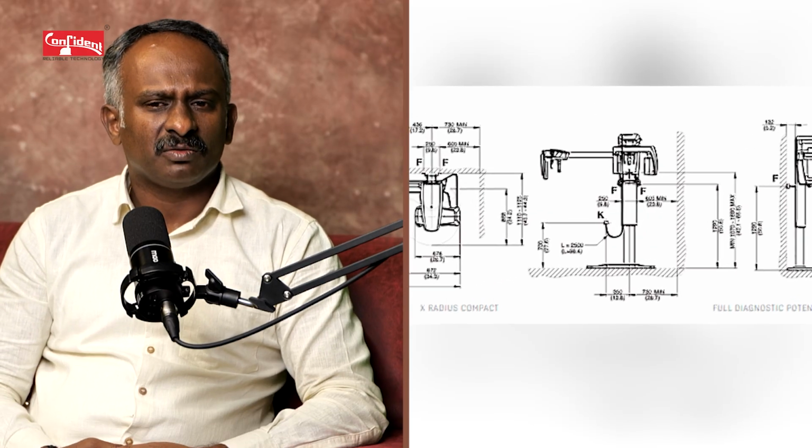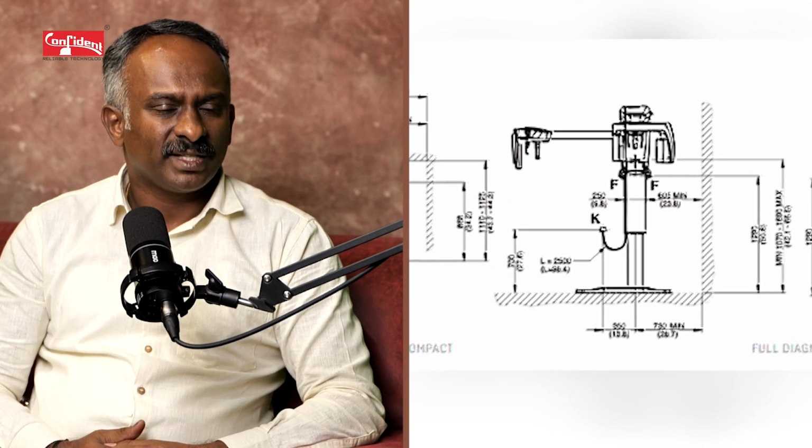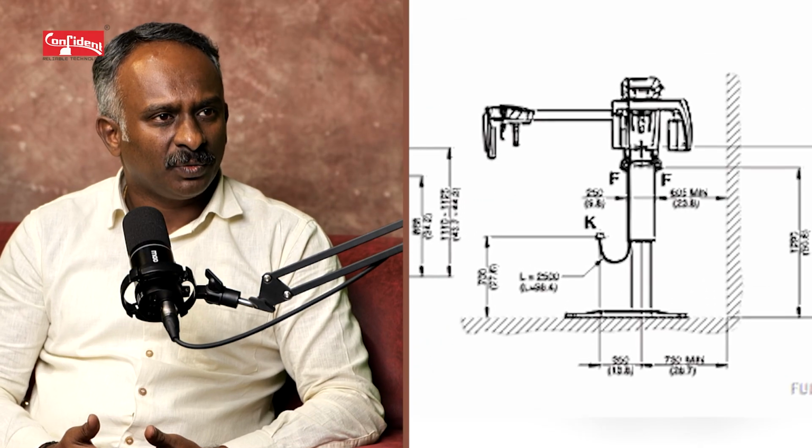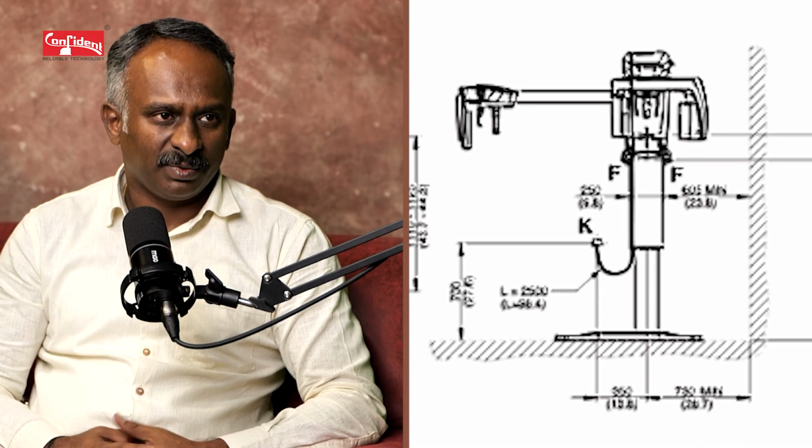In case you have an area where you want it to be aesthetically appealing, we have lead glasses which can be placed around, so that the radiation does not reach out. The minimum size requirement would be around 6 feet by 6 feet, which is quite sufficient if you want just a panoramic as well as a CBCT.